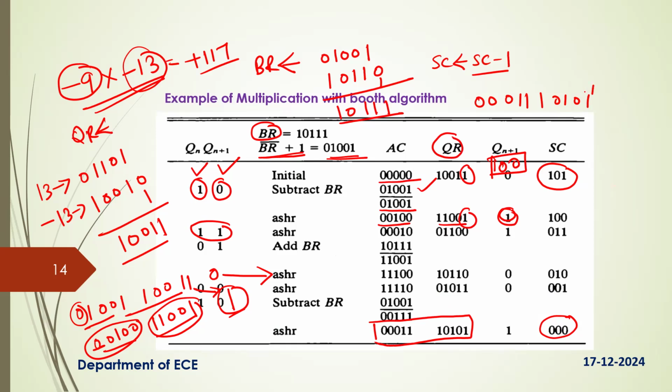Now convert it into decimal form. Add the weights for which the bits are equal to 1. So 64 plus 32 is 96, 96 plus 16 is 112, 112 plus 4 is 116, 116 plus 1 is 117. So this is the final result.